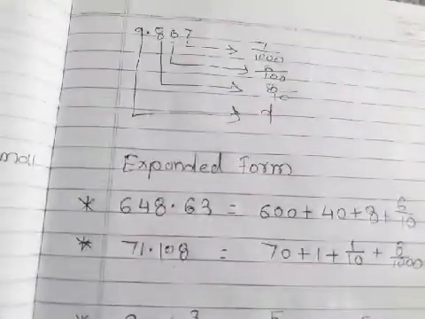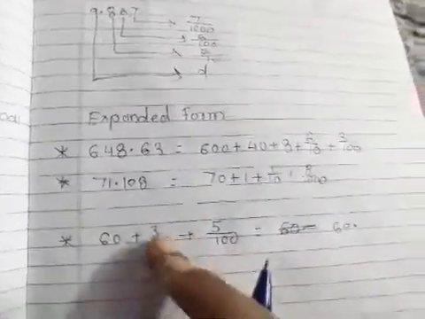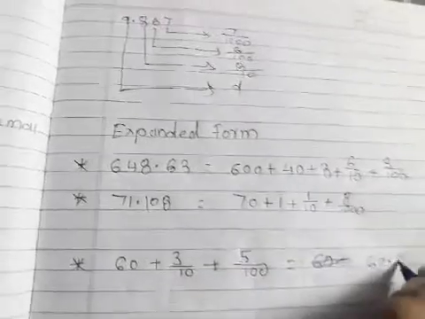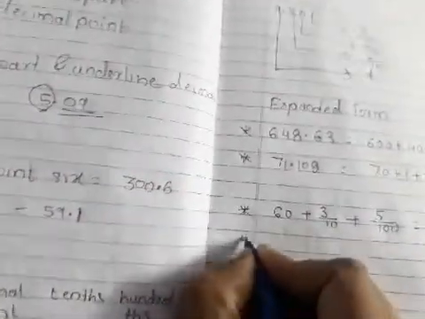After that, write the point. 3 by 10 means 3 is the tenth value, so write 3. The hundredth value is 5, write 5. All of you remembered?